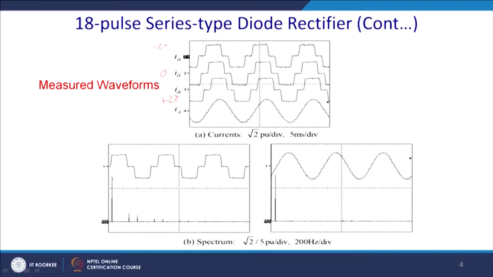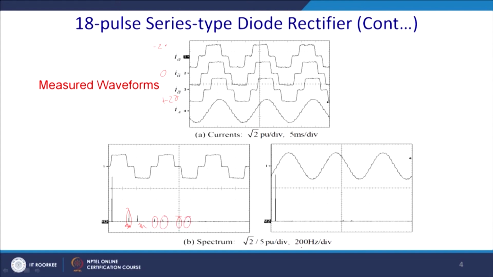This one is the fundamental, and this is a real waveform from the experiments. This is the fifth harmonic, this is the seventh harmonic, this is the 11th and the 13th harmonic, thereafter this one is the 17th and the 19th harmonic.